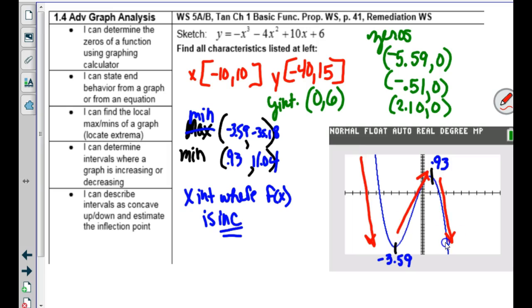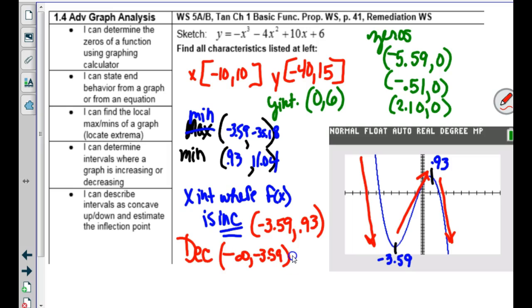So the only place it's increasing is from what to what? Okay, and where is it decreasing? And again from 0.93 to infinity. Increasing, decreasing is left to right. And I don't care if you draw on your picture.